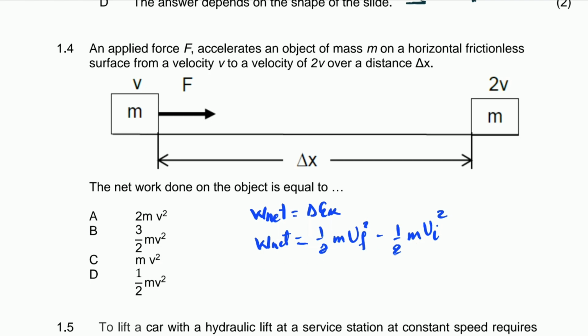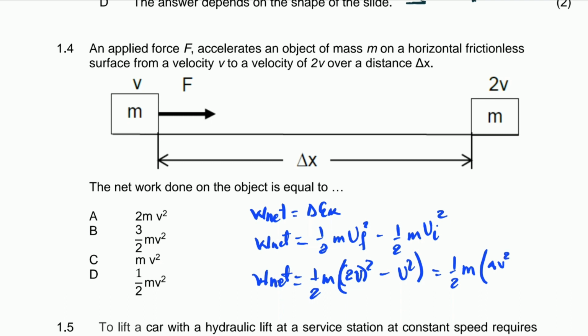The mass, remember, is a common factor, so net work is equal to half mass times the bracket. Final velocity is 2v, so (2v) squared, minus initial speed, which is just v, so v squared. When we solve this, we have half mass times the bracket, 4v squared minus v squared. Be careful with this one, it can get you confused.